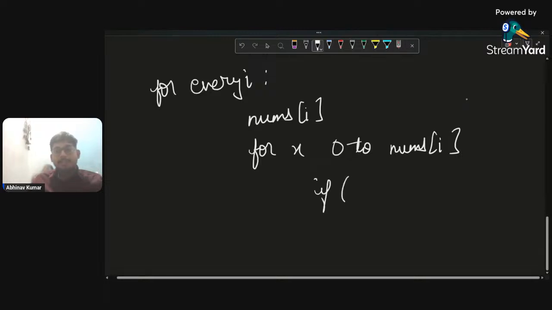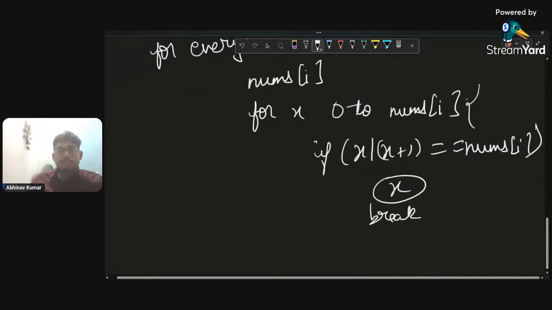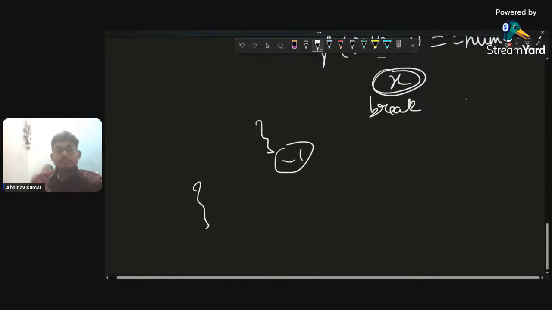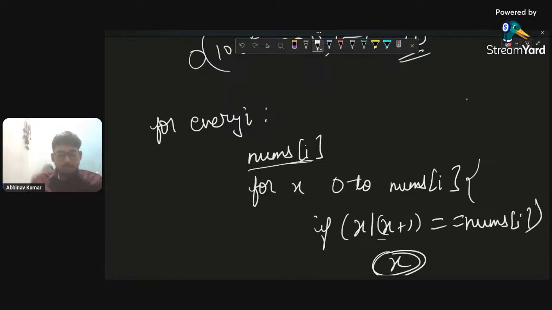If we find some x such that x OR (x + 1) is equal to nums[i], whenever we find such x, we'll just store that x, push it into our answer, and break out of the loop. For every i, this x would be our answer. If we don't find it, then -1 would be our answer. We can do that for every i and store it in our answer. That way we can compute using a brute force approach.